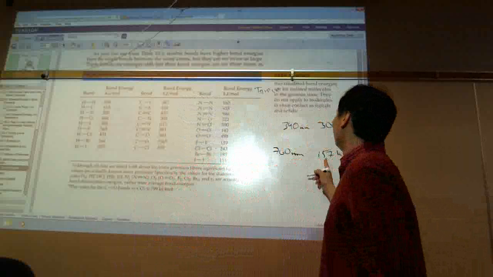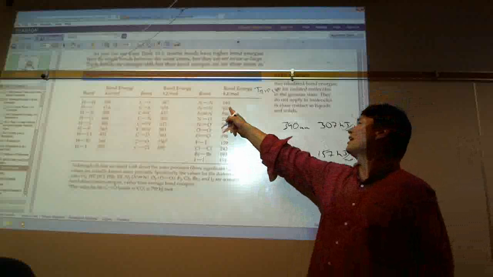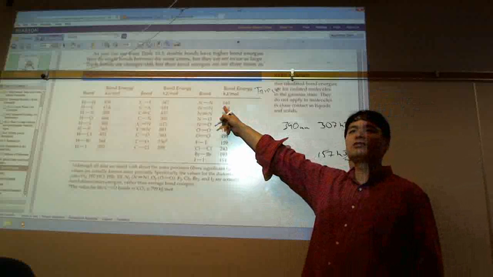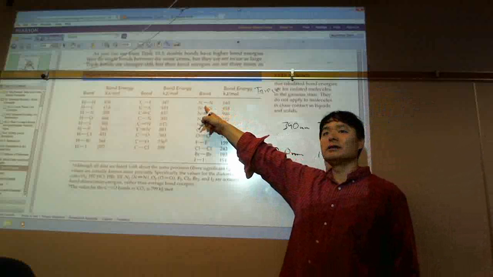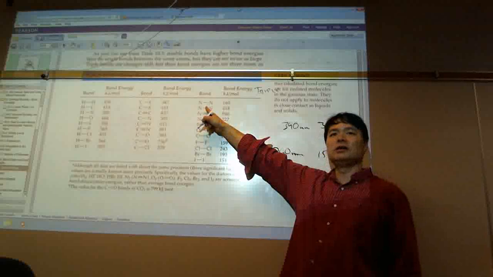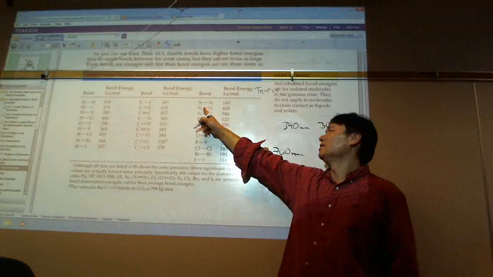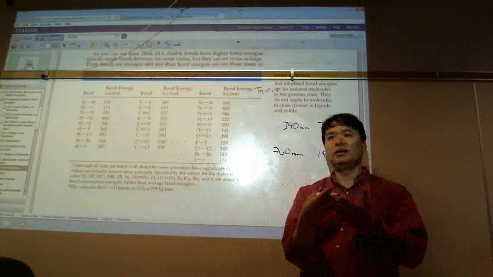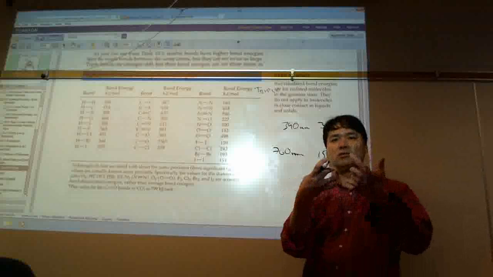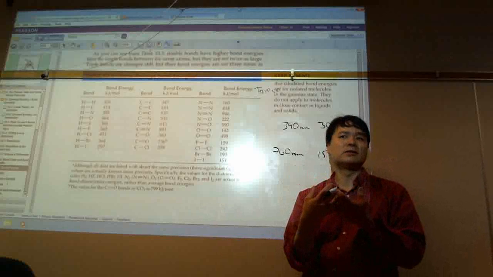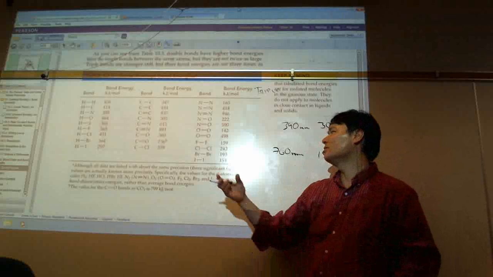And so that means red light is enough to break this. In fact, all colors of visible light are enough to break this nitrogen-nitrogen single bond, meaning this is exceptionally weak. And it's probably due to the nuclei getting too close to each other, nuclear repulsions. That so goes the argument for this.